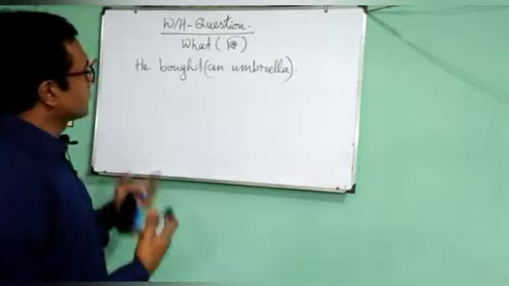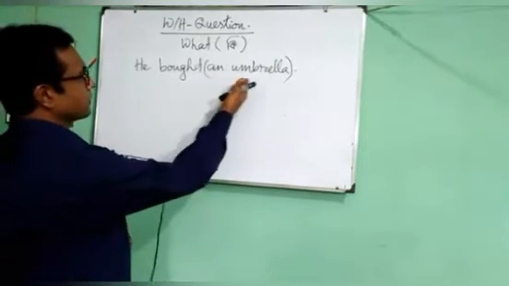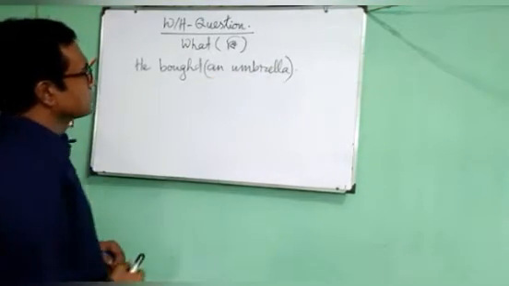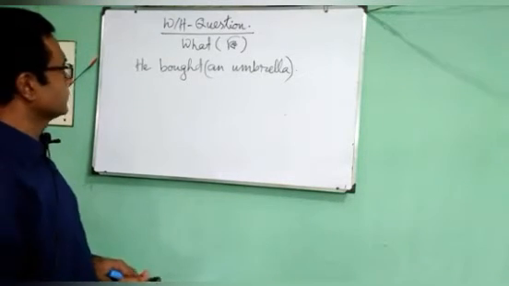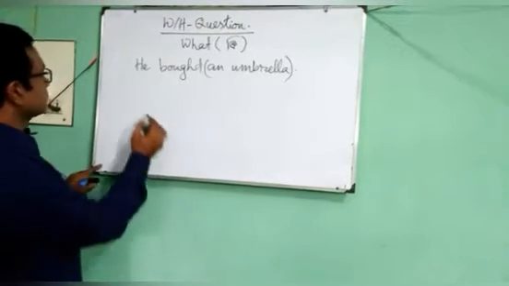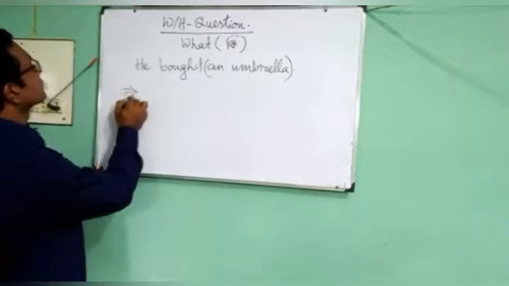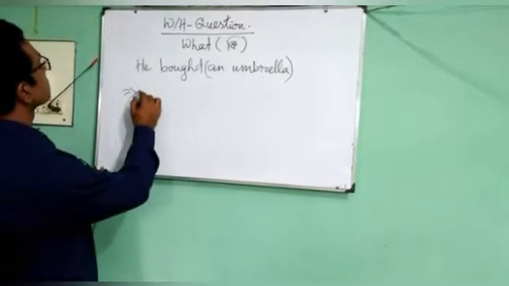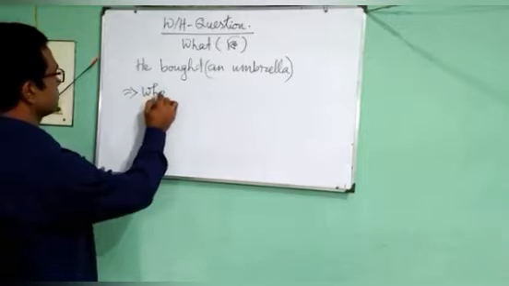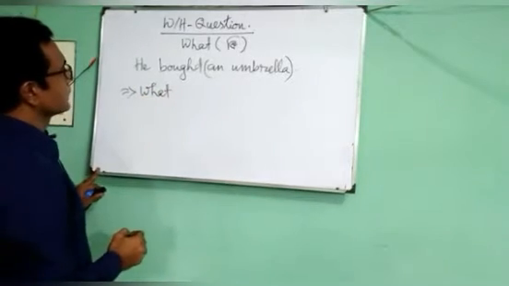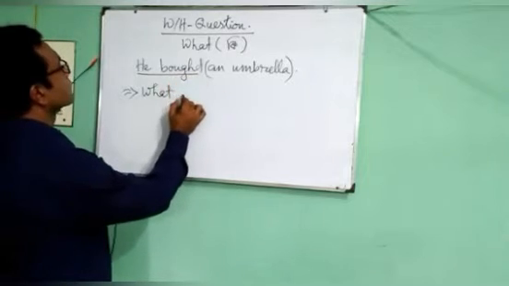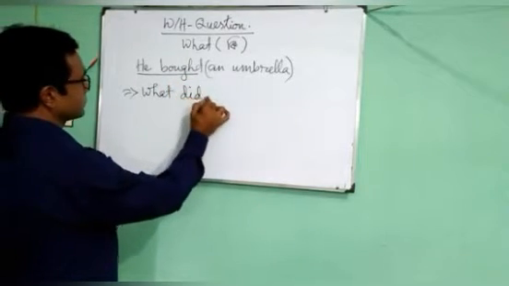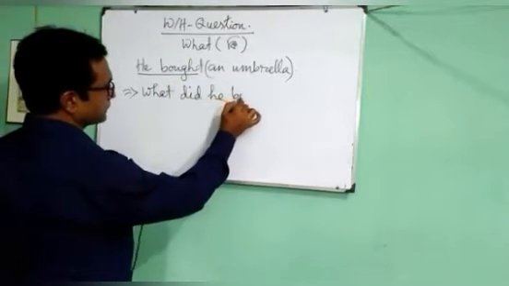We can use what in the place of this sort of object. So, to start making the question, use what at the very first place, and simply make the question with the rest. What did he buy?